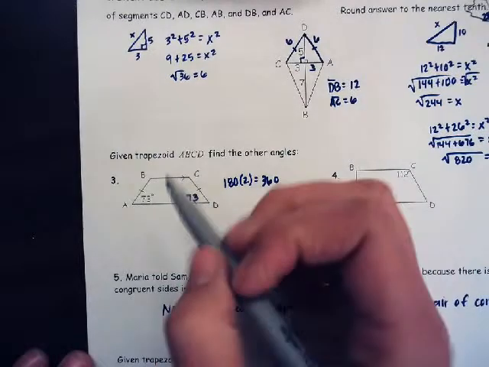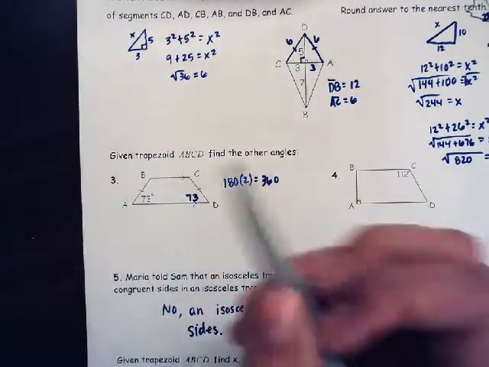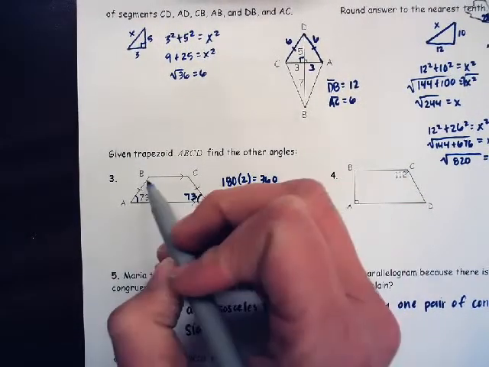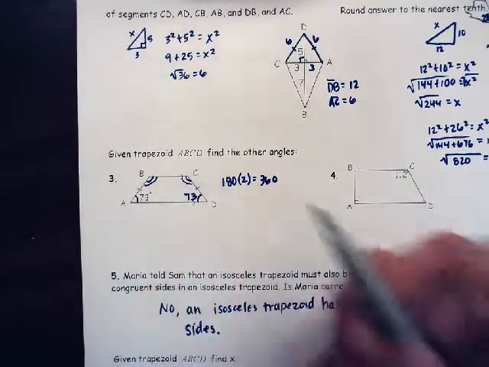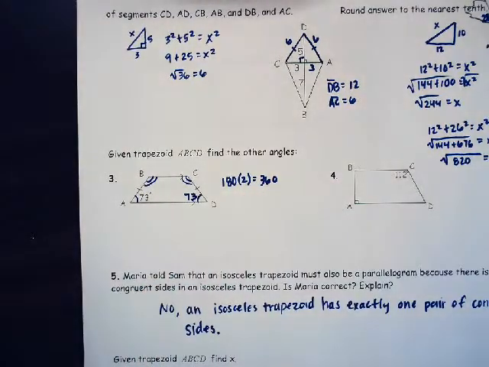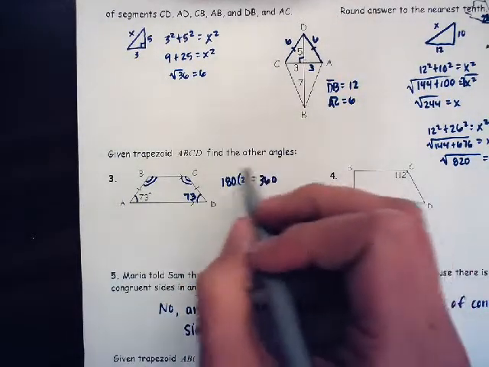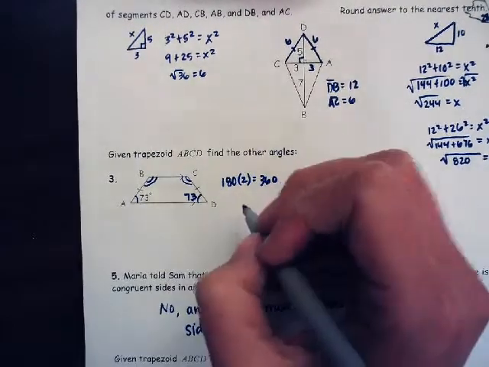So this is an isosceles trapezoid. So if these two angles are congruent, then on an isosceles trapezoid, we didn't really talk about this property, but that means that these two angles right here are also congruent. We should have marked that on our first page. So if it all has to add up to 360, and I know I have 73 plus 73 gives me 146.